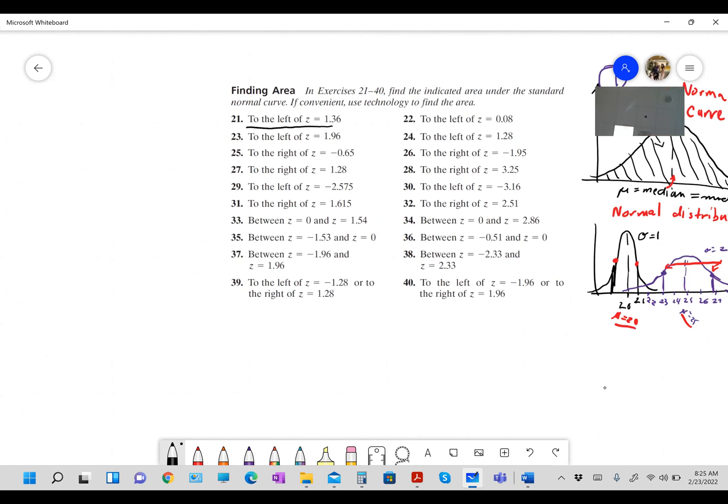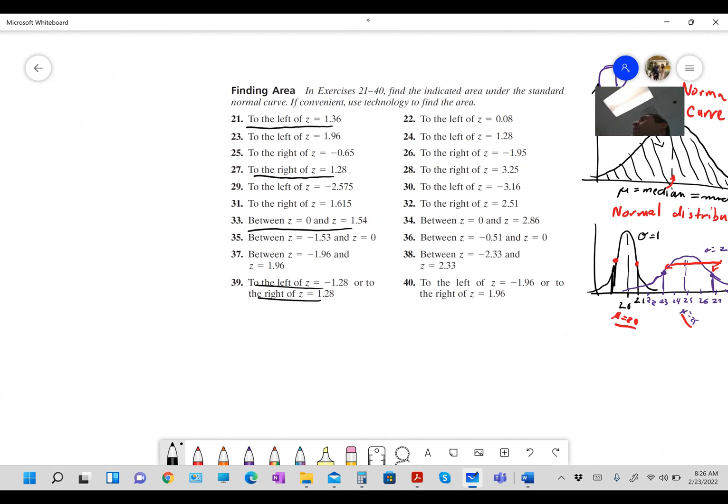So we're going to do a few problems together. We're going to do problems 21, 27, and see if there's anything interesting. I'll do 33. So we'll do 3 problems together, and maybe I should do 39. 4 problems. Do I have enough time? All right. So here's what I want you to do.